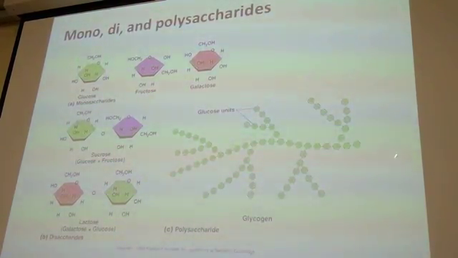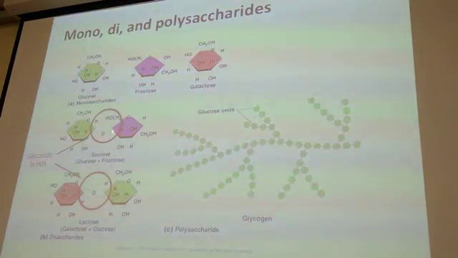Similar disaccharides. And then we have polysaccharides, which could also come in different flavors. So amylopectin or glycogen, which is going to have a branched glucose chain, or amylose, which is the long string of glucose polymers. And these are being joined by glycosidic bonds, right?